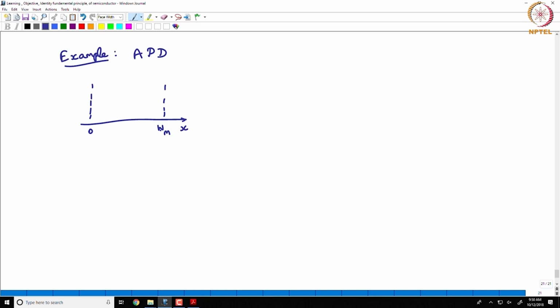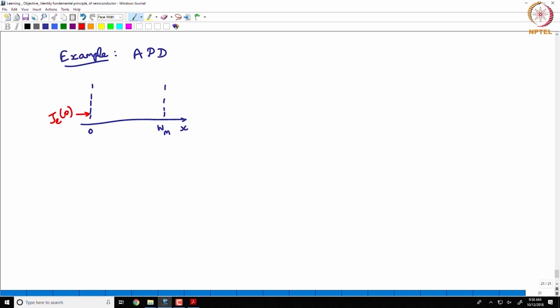Now we can assume that we don't have any holes coming from this side, right? Because all your absorption has happened in the I region, let's say we don't have any more absorption happening beyond that, so there are no holes coming from this side. But there is actually a finite current.